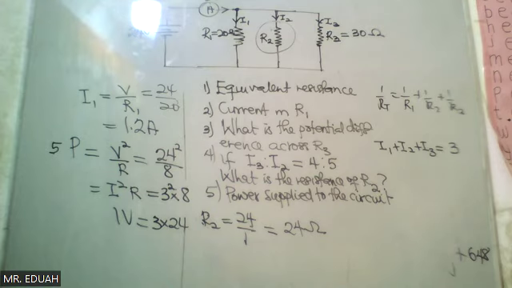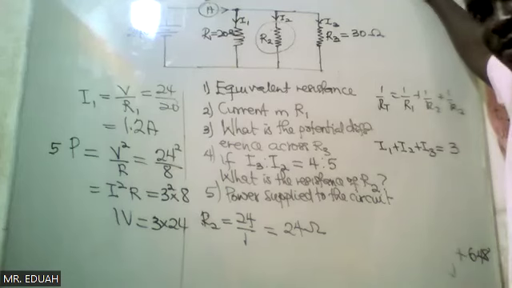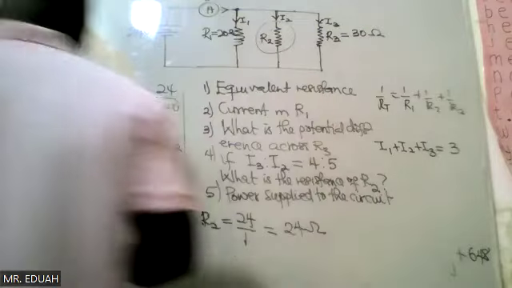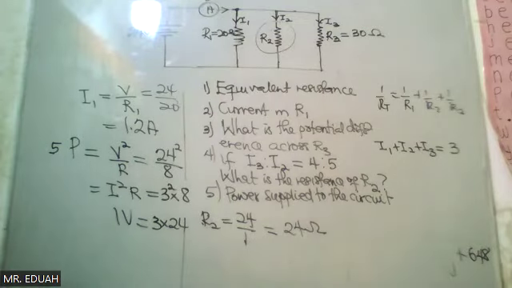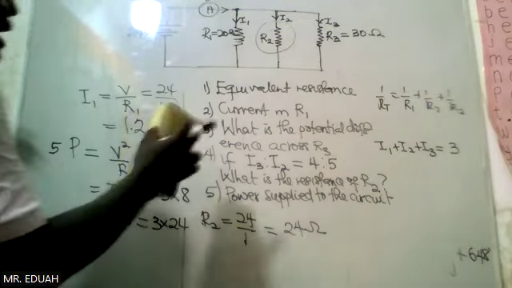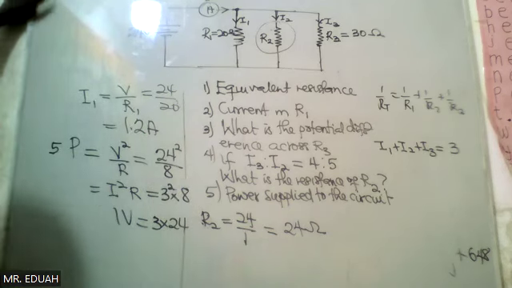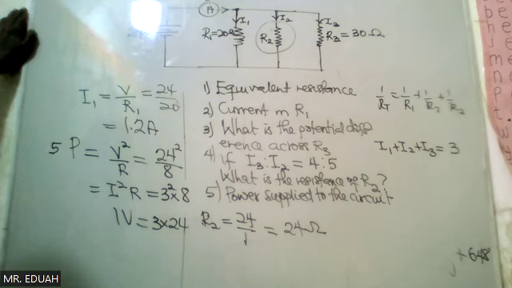Hello, Priscilla. Have you done the fourth question? No, it's not a question. We've looked at series and parallel, and I'm talking of a combined circuit. The question we just solved, like the fourth one.